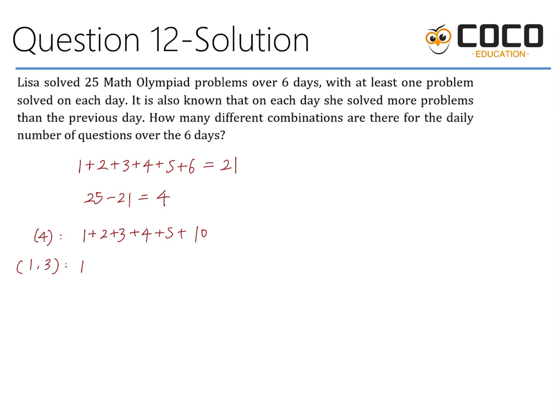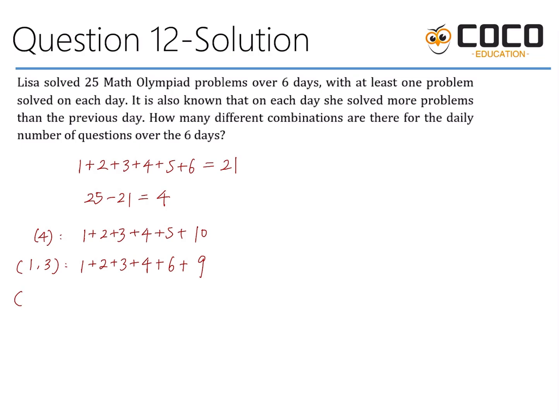So this way, the first 4 days will be the same, 1 plus 2 plus 3 plus 4. For the second last day, you plus 1, it becomes 6. For the last day, plus 3, it becomes 9. Total is also 25.